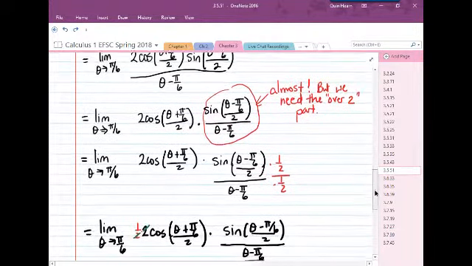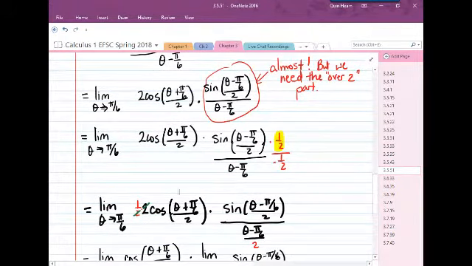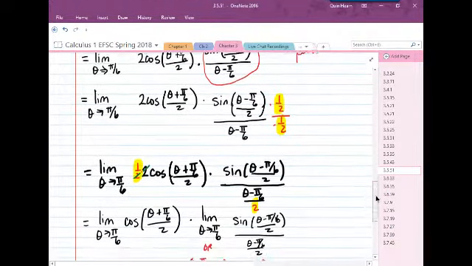So I multiplied by 1/2 over 1/2. The top 1/2 I just put in front. It could go in the numerator of this fraction, but I put it in front because it means the same thing. And the denominator 1/2 ended up multiplying times theta minus pi over 6, so I got what I wanted. That's by design.